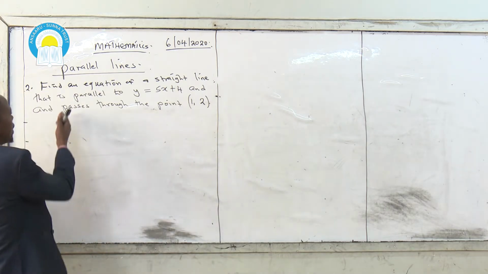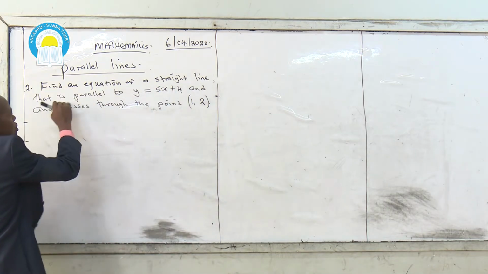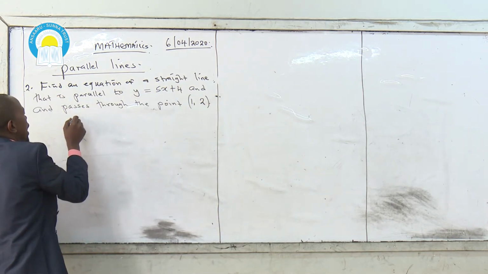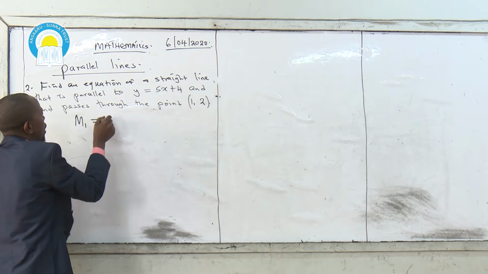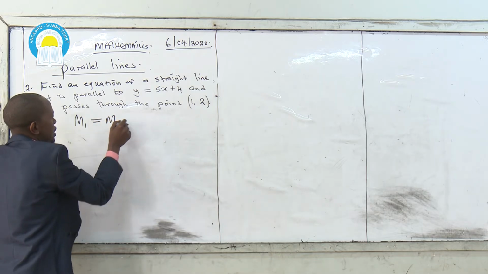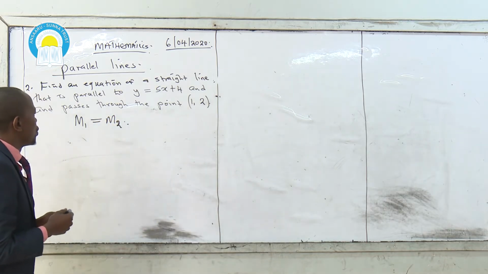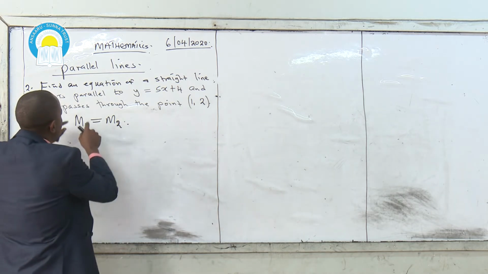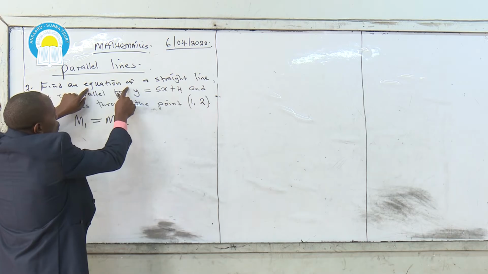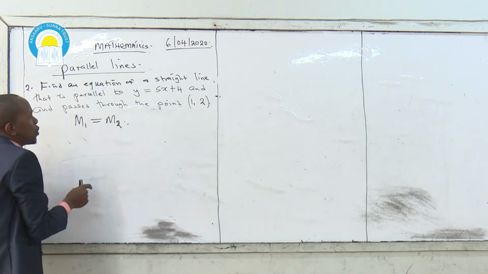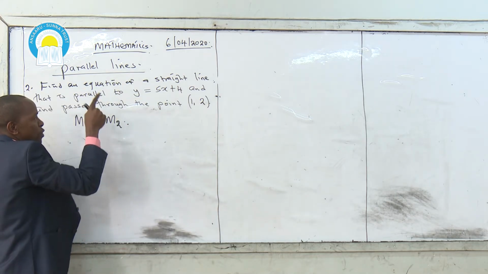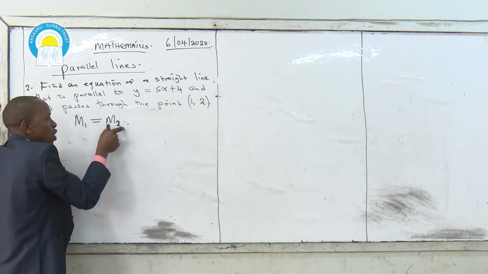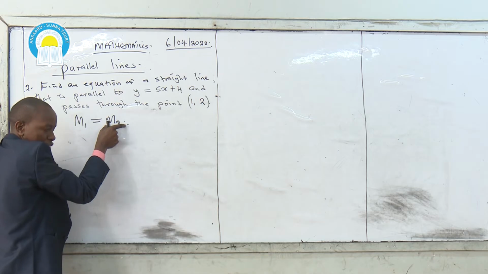Now, in finding the equation of a straight line that is parallel to another, it means for parallel lines, the gradient of line 1 and the gradient of line 2 must be the same. So let's take the equation we are finding to be line 2. Line 1 is given, but the gradient of line 2, m2, is not given.